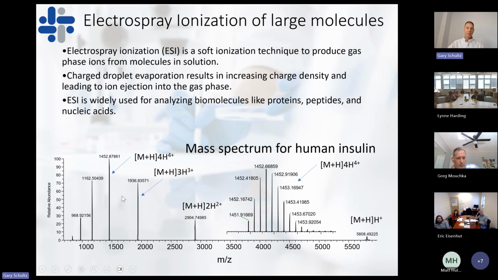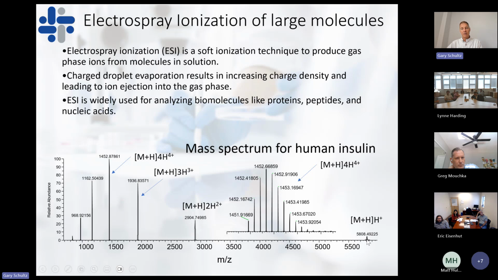Well, typically what we can do is we have software that can deconvolve this multi-charge spectrum to create a mass spectrum of just the mass itself. If you analyze this on an Orbitrap instrument, for example, or a time of flight instrument with a resolution of around 100,000, you can deconvolve these multi-charged ions, because it's just simple math to convert these back to the nominal mass.